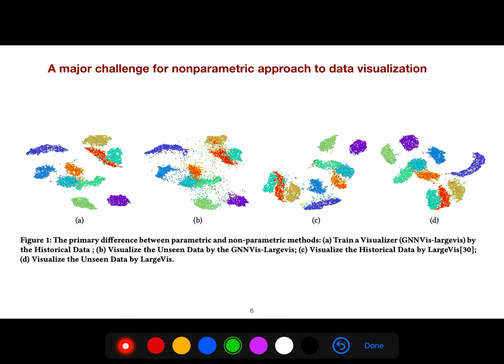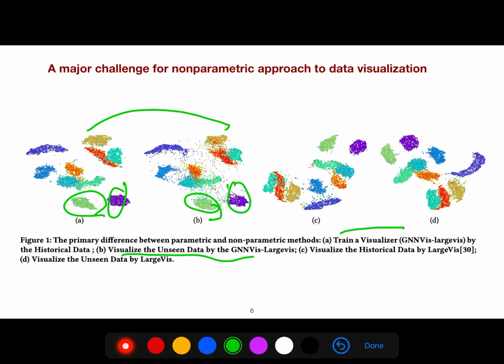If you see here, A and B refer to the training, for GNNVis, and also for visualization. As you see, there is stability. This one is almost here. This one is almost here.